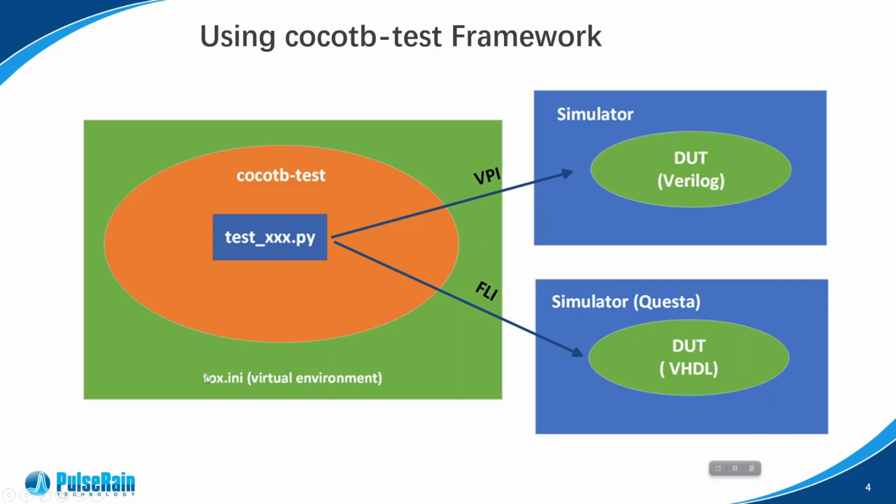Here is what we will use as our test structure. As you can see, we will have a file called tox.ini, which creates the virtual environment. On top of that, we will have cocotb-test or PyTest. PyTest will look through the folders for all the Python files that start with test_.